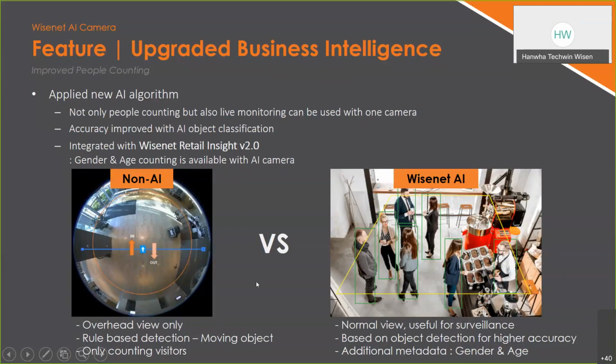But now we have this people counting function with the AI camera. It will detect a person and count it, so accuracy will be much higher. And you don't have to install the camera only in top-down view. You can install it in a normal view, so you can also use this camera for normal surveillance.